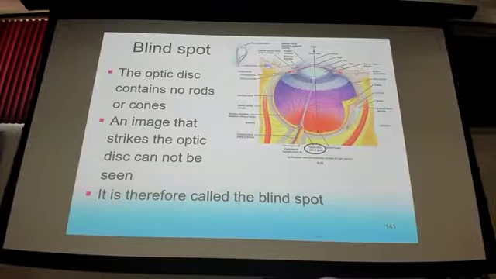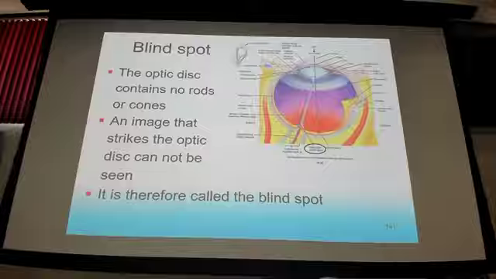We'll come back. Blind spot. The optic disc, I said, contains no rods or cones either. Sorry, the central fovea just doesn't have ganglion and bipolar cells over it. But the optic disc doesn't have rods or cones. So that's where the ganglion axons are leaving the eyeball as the optic nerve. That's called your blind spot.